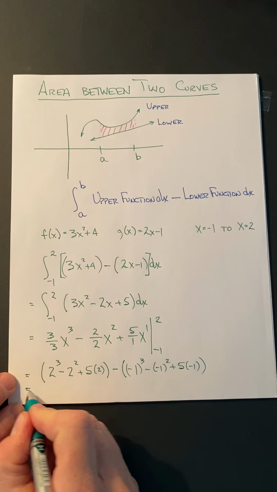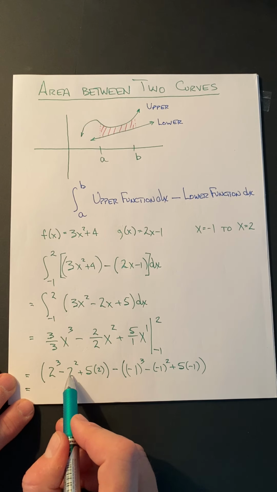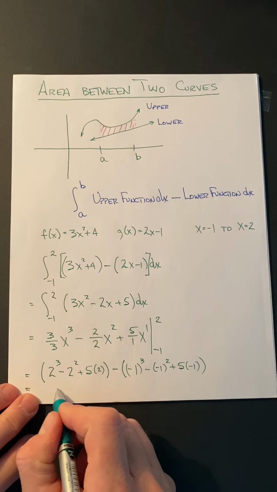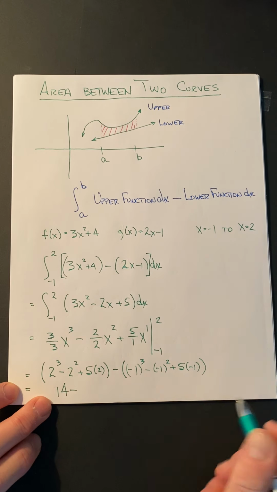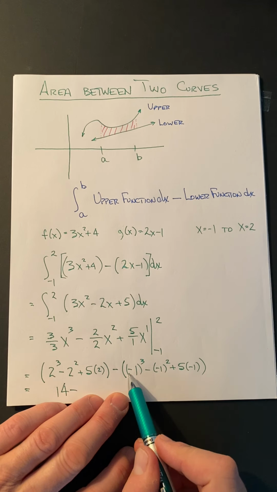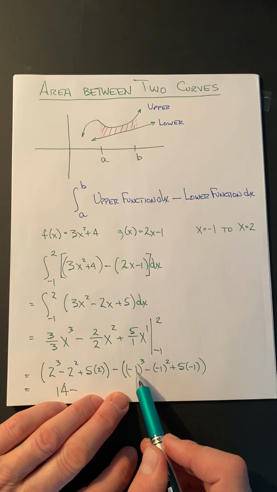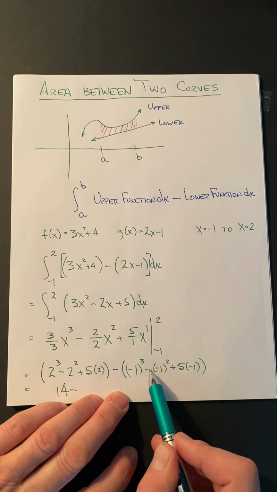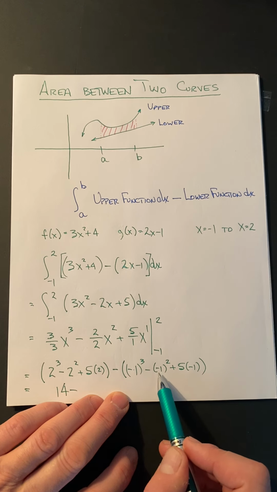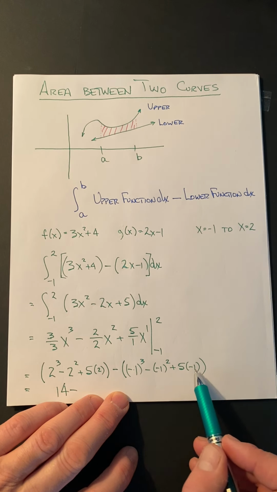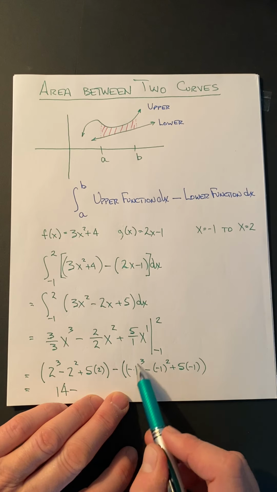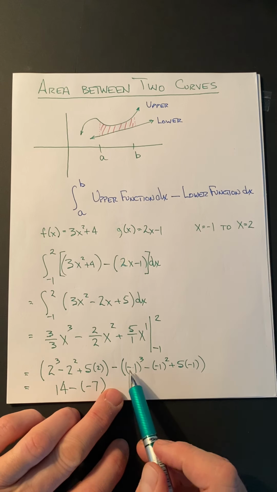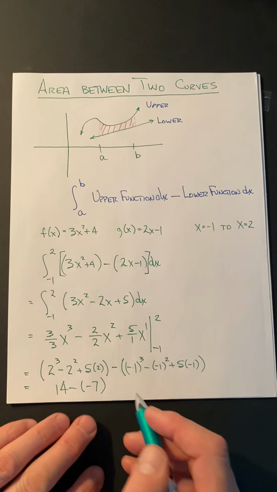Okay? So in here, I get what? 8 minus 4. So that's 4 plus 10. So I'm going to get 14 minus, so this is a minus 1. Minus 1 cubed is minus 1. Here I'm going to get a positive 1, but I'm subtracting it. So minus 1, which is minus 2. This is going to be a minus 5. So inside my bracket here, I should have a minus 7, right? Minus 1, minus a 1, minus a 7.